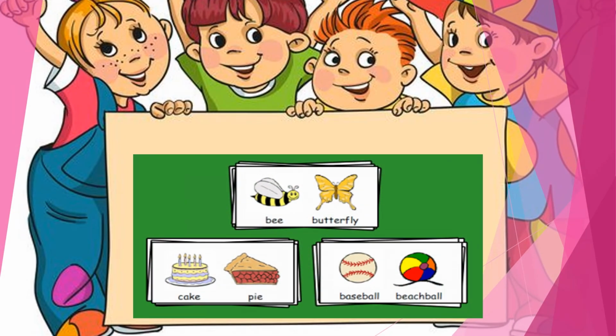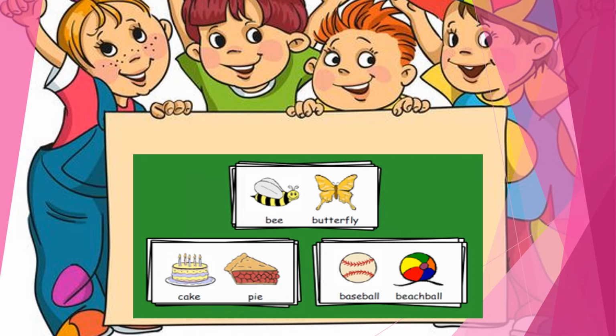Now, another. Here. What is this? Yes, bee. This one? Yes, butterfly. What are their similarities, the bee and the butterfly? Look at the bee. Look at the butterfly. Both have wings. The bee has wings.